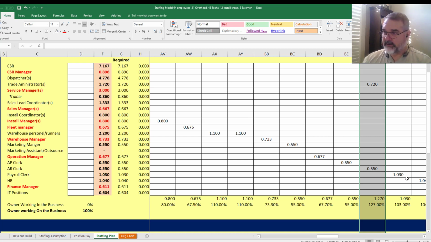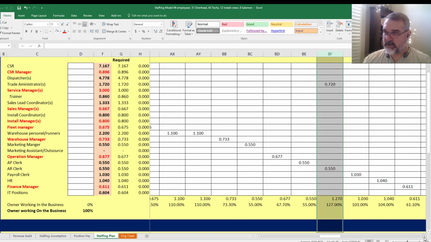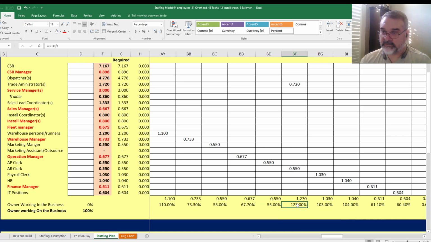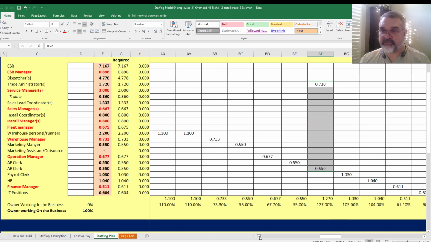And I don't have anybody else that really has room to handle it from the payroll clerk or the HR clerk. So I just don't have anybody to do it. So this person's stretched out. I might have 2 people do this now, but then they'd only be at 63.5% each. Or I could just lean on a heavyweight. But those are options.